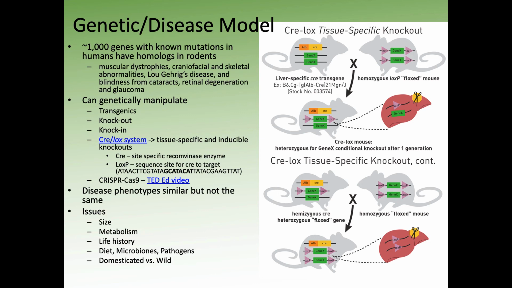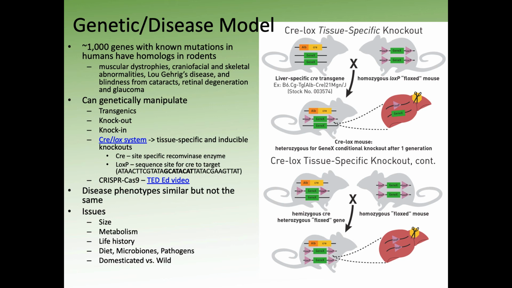And so, there's about 1,000 genes or so, probably more, that have known mutations in humans that are homologous in rodents. These cover all different kinds of things: muscular dystrophies, craniofacial and skeletal abnormalities, Lou Gehrig's disease, blindness from cataracts, retinal degeneration, glaucoma, etc. And one of the really big benefits of this system has been using it to really understand how these genetic systems work.